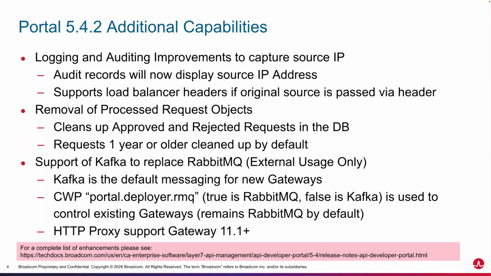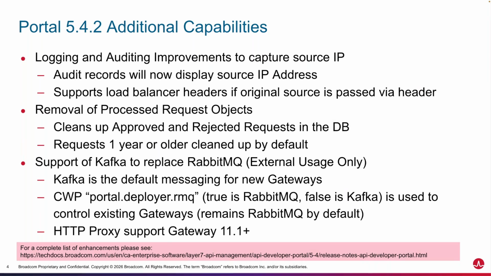The next item is removal of processed request objects. Folks may not be aware that these objects hang around, but today when you accept or reject a request, so this could be a new registration request or a new app or whatever, those actually are still retained in the database. And over time, this can eat up space and potentially slow things down a little bit.